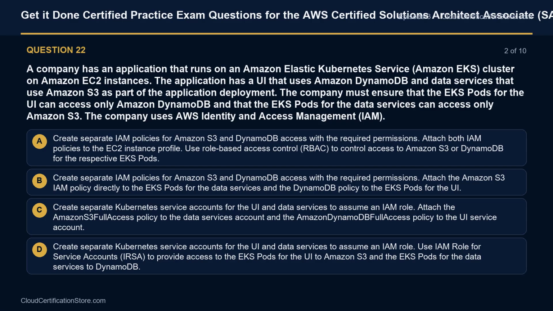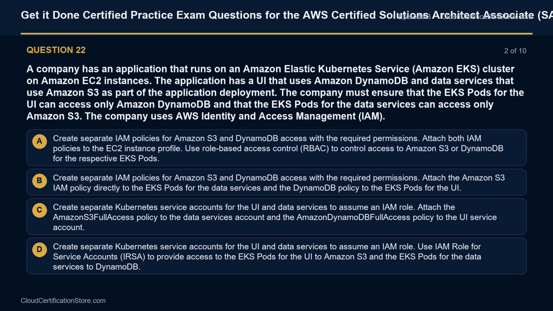Option B. Create separate IAM policies for Amazon S3 and DynamoDB access with the required permissions. Attach the Amazon S3 IAM policy directly to the EKS pods for the data services and the DynamoDB policy to the EKS pods for the UI.